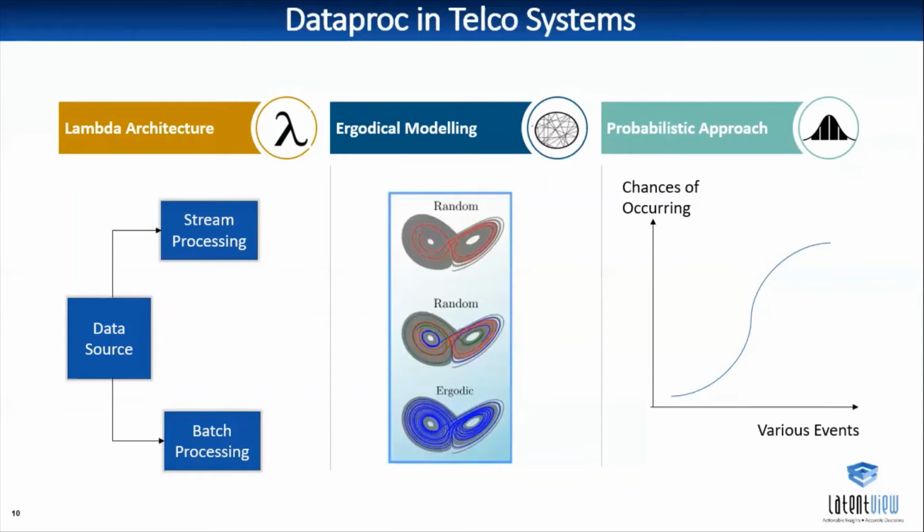In a telco system, assume you're using a mobile phone. When you use a phone, you enter various rooms, various streets, different areas, and you can observe that the reception of data varies. At one point, you might receive high-speed data. At another point, there will be a minimum amount of data.